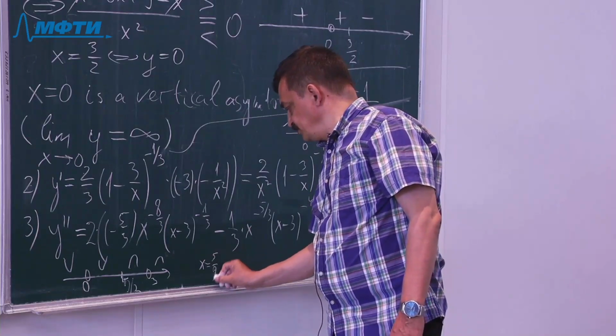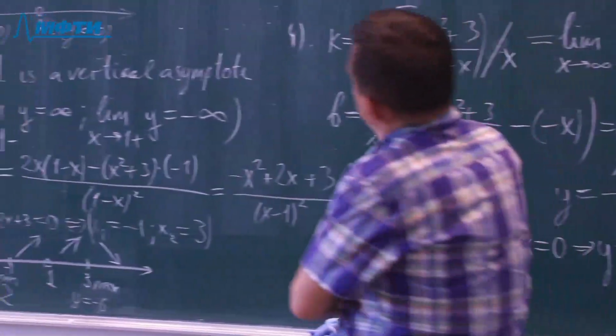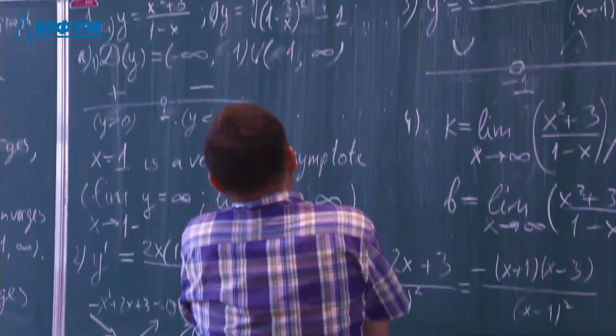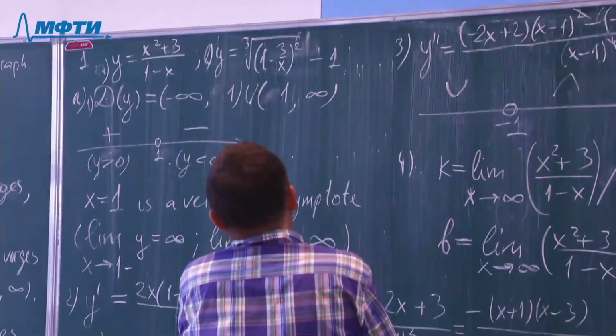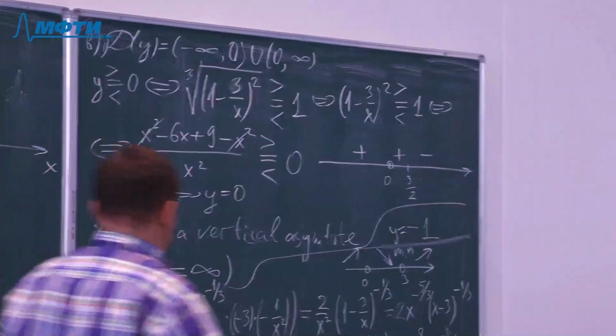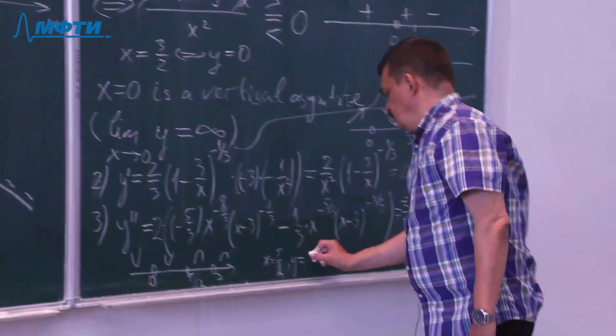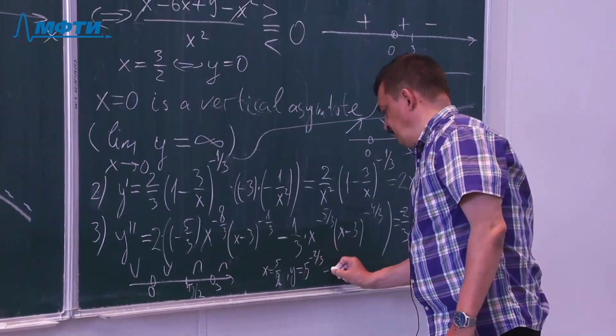Y equals, okay, let's substitute x equals 5 over 2. 6 over 5, 1 over 5. So 5 power minus 2 over 3 minus 1.